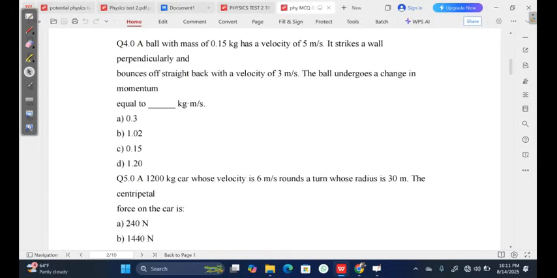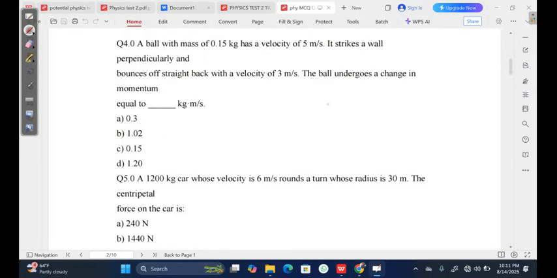Now question 4 is saying a ball of mass 0.15 kg has a velocity of 5 meters per second. It strikes the wall perpendicularly and bounces off straight back with a velocity of 3 meters per second. The ball undergoes a change in momentum equal to what?